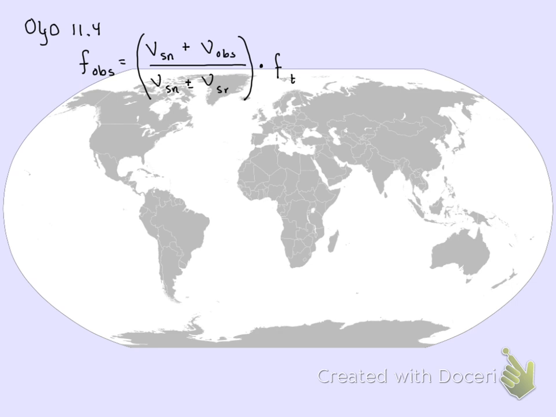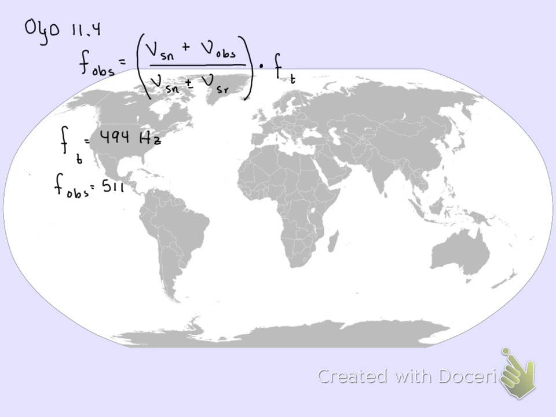That is the true frequency. So the true frequency is 494. Okay, so we're going to write that down. What she hears, what she observes, is 511. And that's because she's moving towards the source.